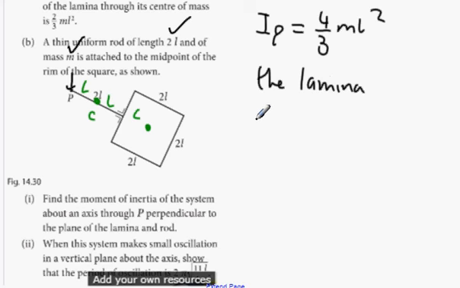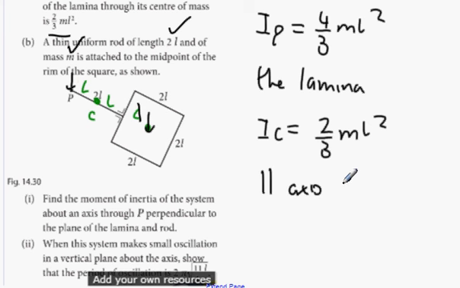Now, we need to find the inertia of the lamina. What did we say earlier about the lamina? We proved it in the first part. If the lamina is rotating about its own centre, C, what is its moment of inertia? 2/3 ML squared. We don't want it going through this point here, which we'll call D; we want it going through the point P. This leads us to the parallel axis theorem.